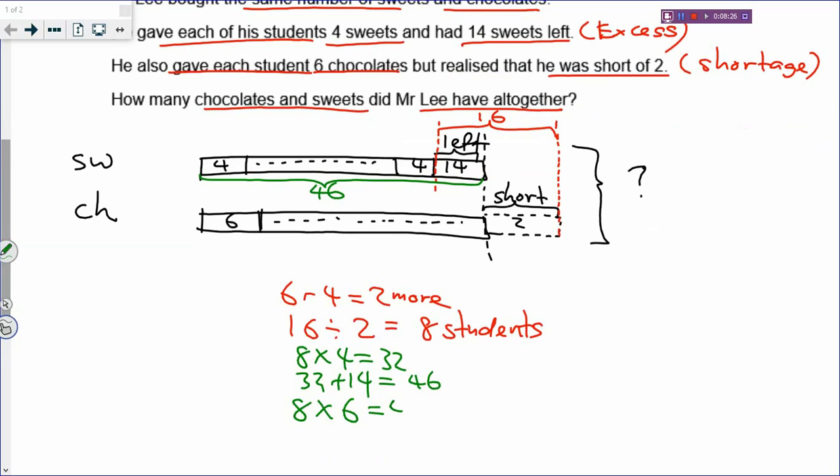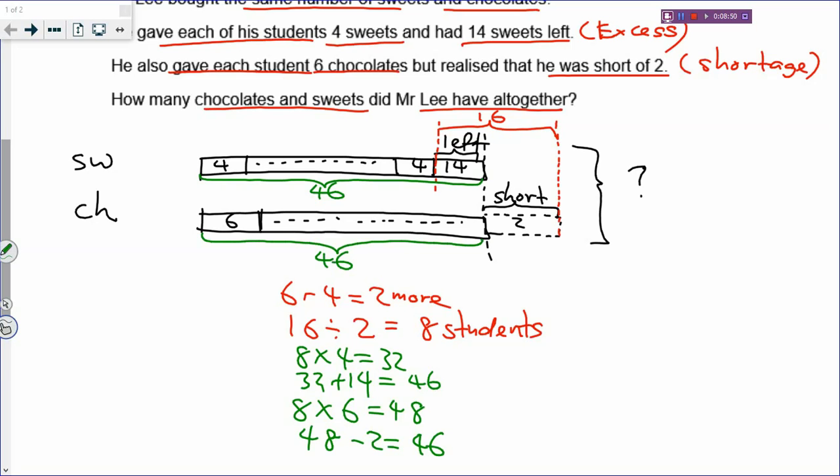So there will have to be 48 chocolates. But does he have 48 chocolates? No, he doesn't. He's short of 2. So which means he must have only 46 chocolates. So from here all the way to there is only 46 chocolates. And isn't that the same answer as 46 sweets? That's how you solve it.